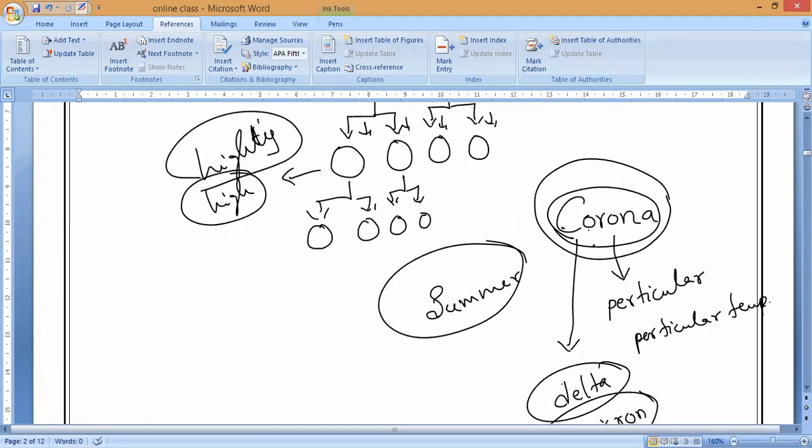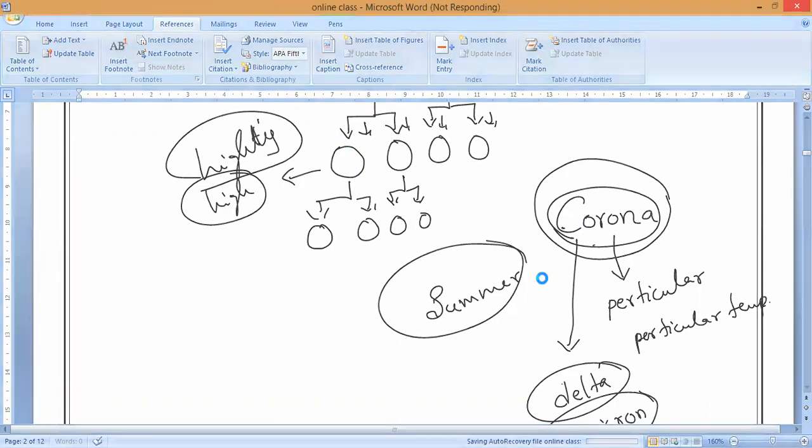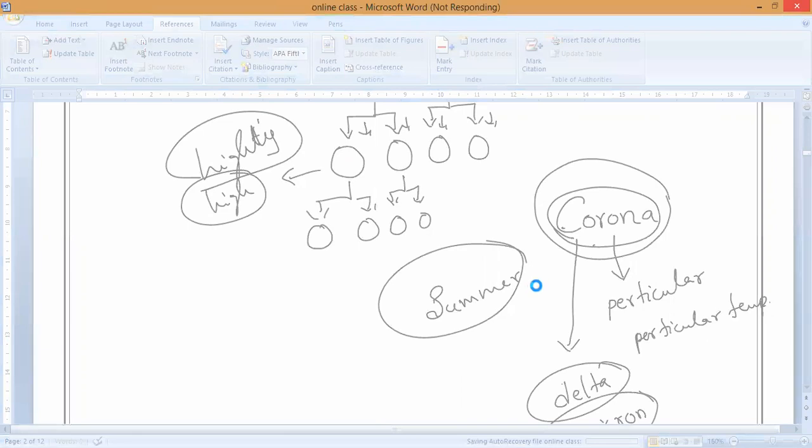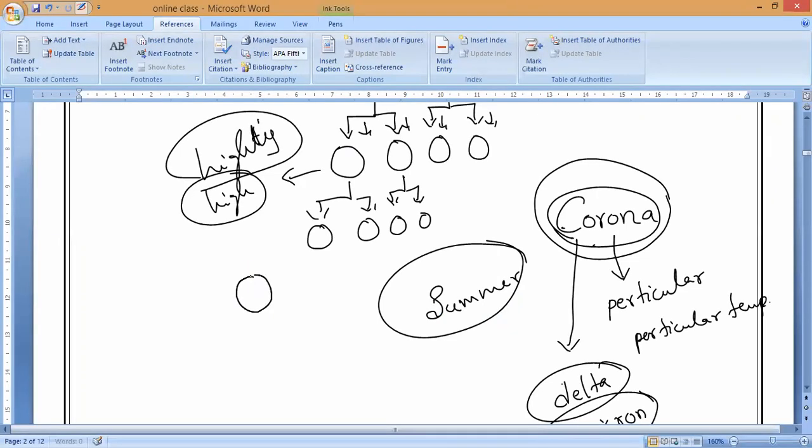Corona is a virus. So which method will it follow, sexual or asexual reproduction? Asexual reproduction method. So when it starts producing the first generation babies, for example, let me take this as the coronavirus.